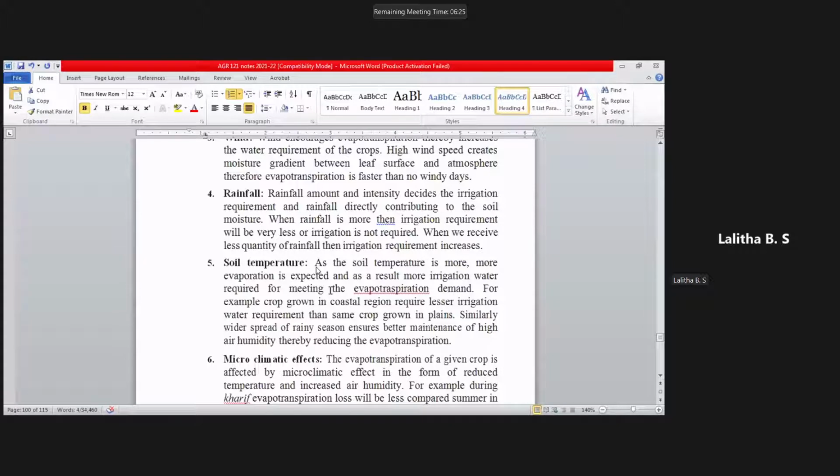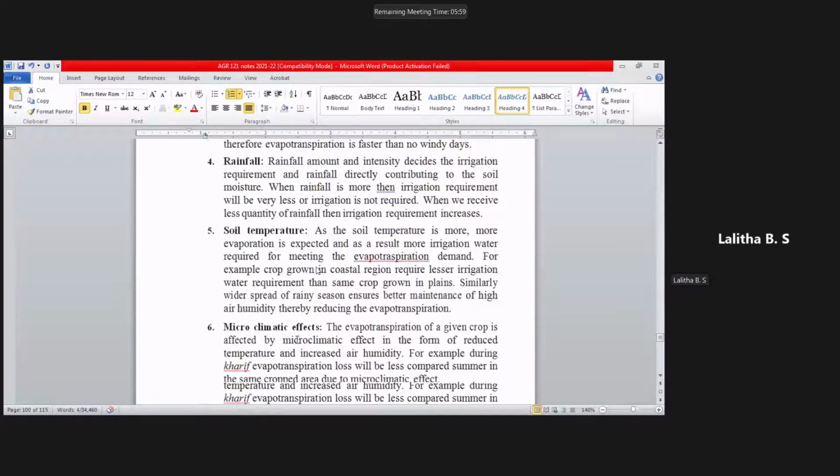The aerial parts are in contact with the atmosphere above ground, but the below ground roots are in contact with the soil. So both soil temperature and air temperature are equally important. When the soil temperature is more, we can expect more evaporation, and as a result more irrigation water is required.